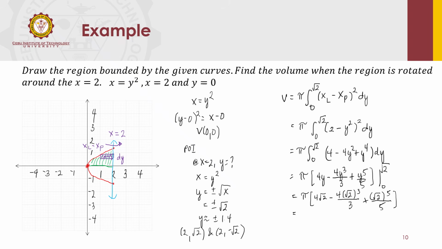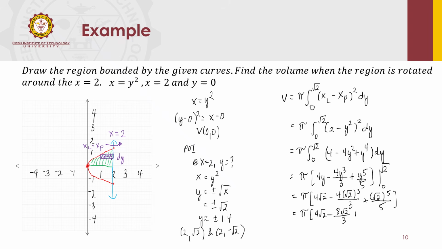So simplifying the radicals. The cube of square root of 2 is square root of 2 times square root of 2 times square root of 2, so that's square root of 2 squared, which is 2, times another square root of 2. So that's 2 square root of 2, and then times 4, so 8 square root of 2 over 3.